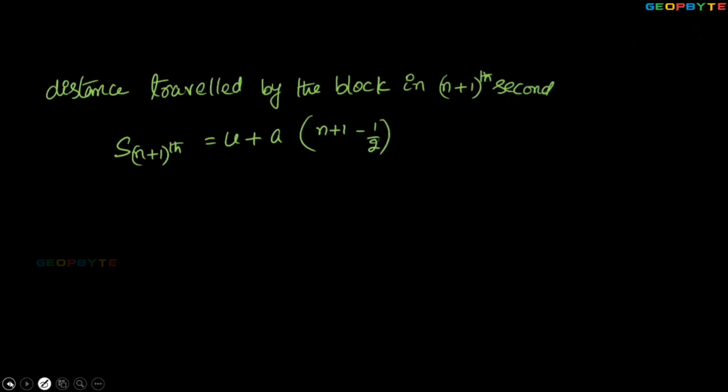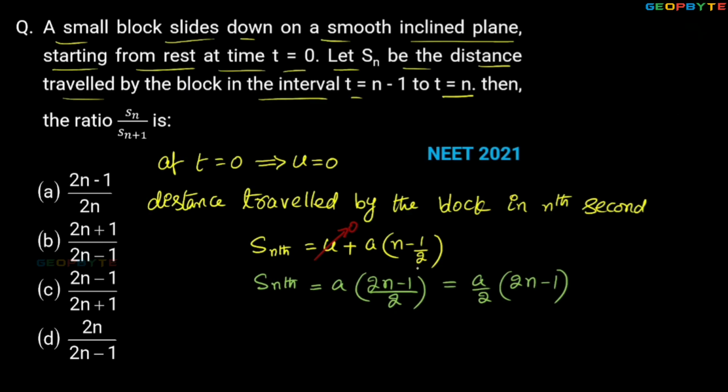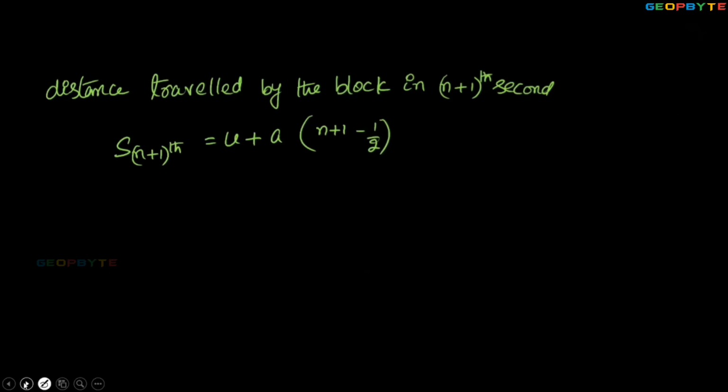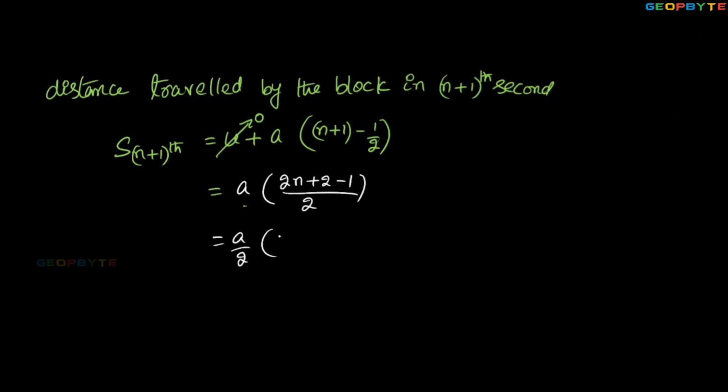Okay, because Sn equals u plus a into n minus half. For the n plus 1th second, it is n plus 1 minus half. Here u equals 0, so it is a into 2n plus 2 minus 1 by 2. It is equal to a by 2 into 2n plus 1. That is the distance traveled by the block in the n plus 1th second.